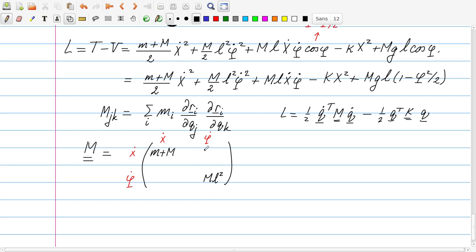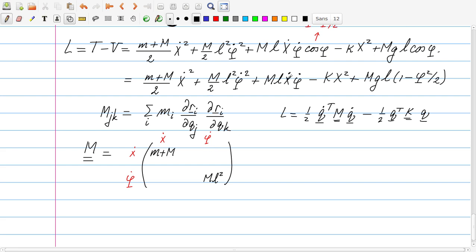And then we have these two elements which represent the coupling between x dot and phi dot, and as you can see here, that should add up to ml, but it is not prescribed, of course, how we should distribute that. Sure, there can be contribution from here and from there.